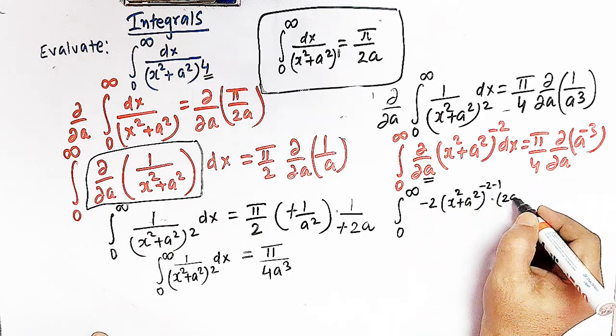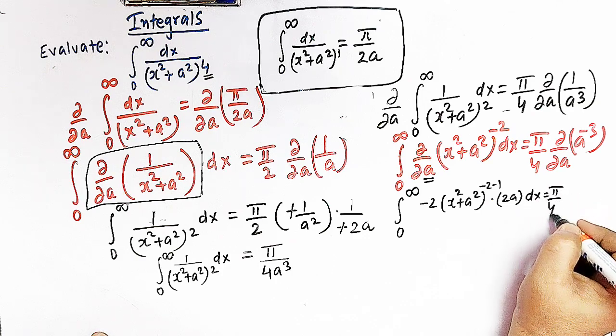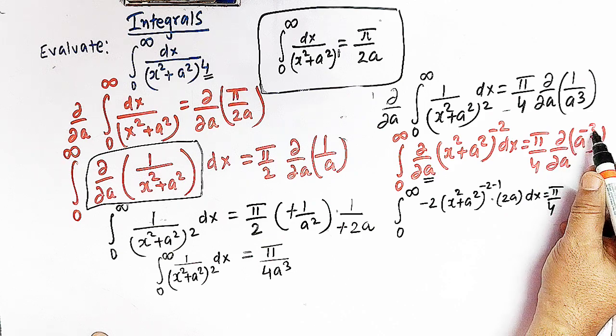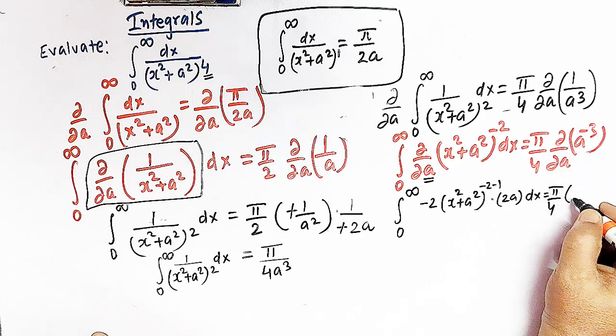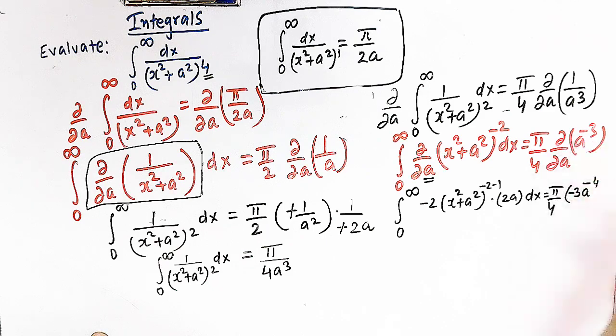So here we have simply 2a, here we have dx, and here we have π over 4, and here the derivative of a raised to minus 3 with respect to a is minus 3, and here we have minus 3 minus 1, that is minus 4.